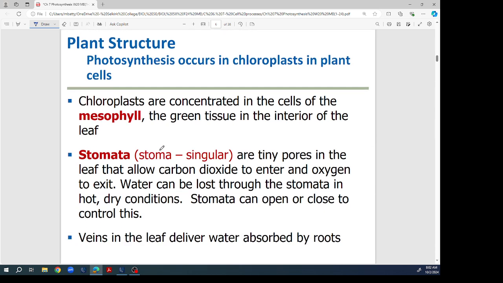Okay, so plant structure. If we're going to understand chloroplasts, we need to kind of look at the components of chloroplasts. So if we were to take a look at a leaf and the cross section of a leaf, in the middle we have cells that are called the mesophyll. So the mesophyll region of a leaf, these cells would have a lot of chloroplasts in them. And so these are the cells in the center of green tissue in the interior of a leaf.